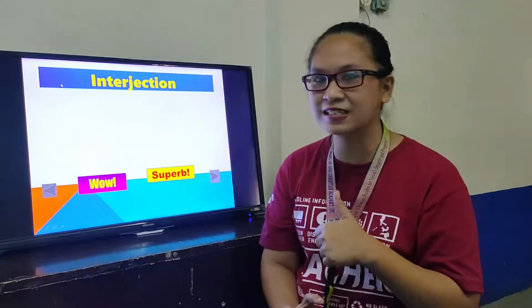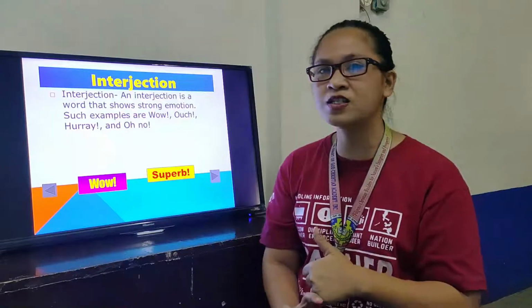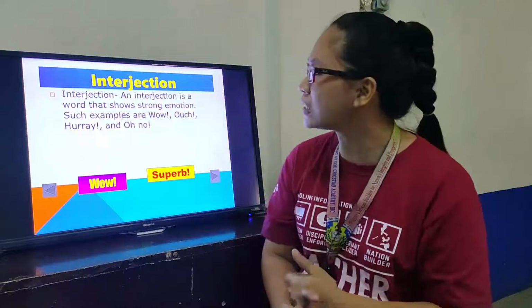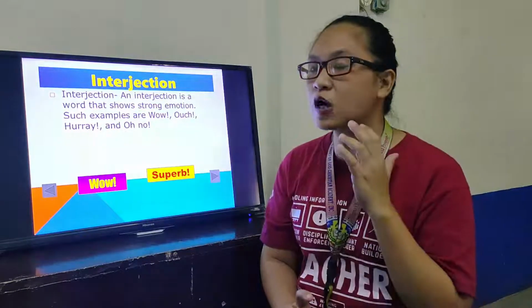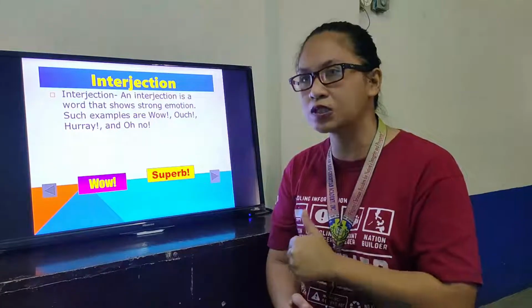Now let's have the last part, and that is the interjection. What do you mean by interjection, teacher? Let's figure it out. When we say interjection, it's a word or words that show strong emotion.